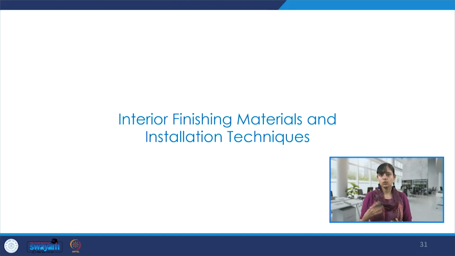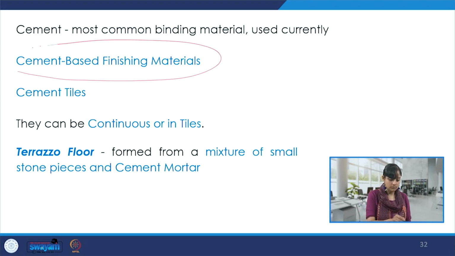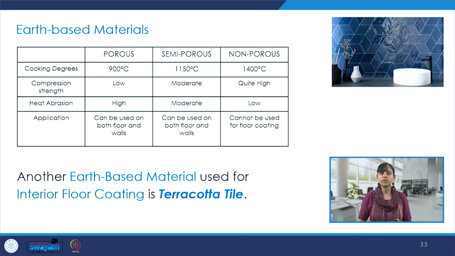And then we saw some more finishing materials and some installation techniques, which of course I have not discussed here in detail since it's a summary lecture, but we did have a discussion on that, starting with cement. What are cement-based finishing materials? What are cement tiles? Terrazzo flooring, and how that is used in a very interesting manner.